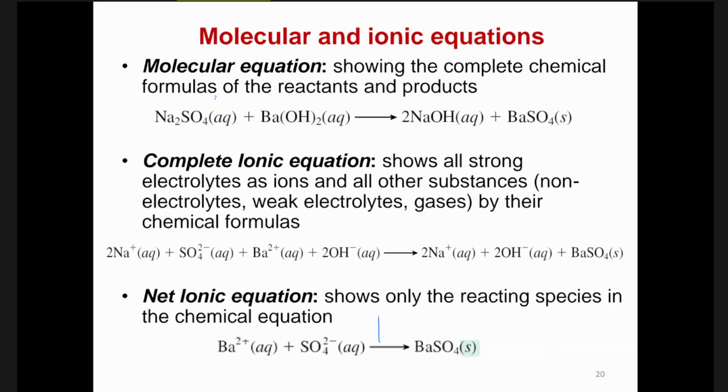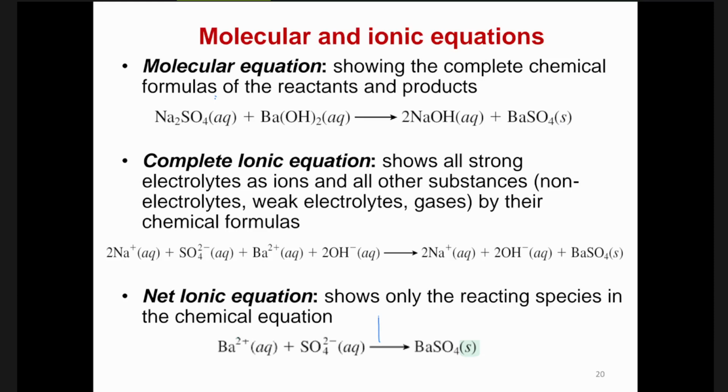It's something you learned in high school already. Then we complete the ionic equation. We show all the strong electrolytes as ions, and all the other substances, non-electrolytes or weak electrolytes or gases, by their chemical form. So in this case, sodium sulfate is a strong electrolyte, so you have a sodium cation and a sulfate anion.